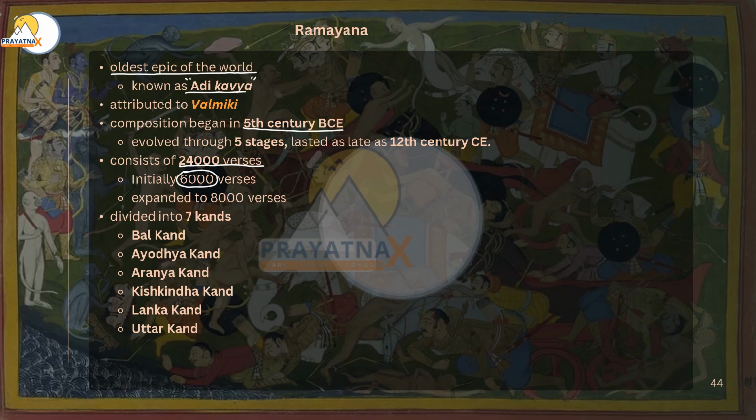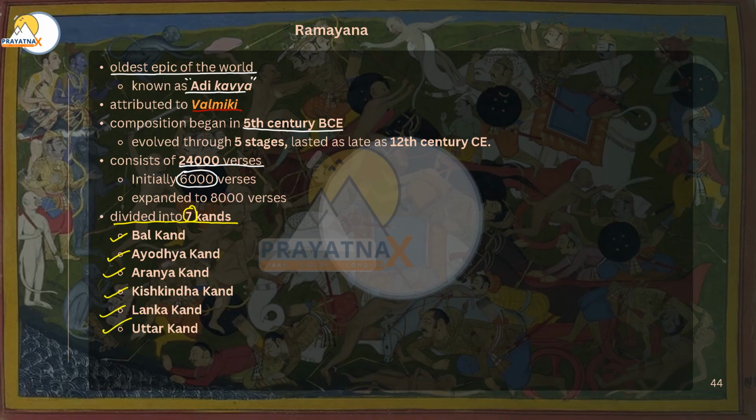It was composed by Valmiki, and Ramayana has about 7 kands. The 24,000 verses are divided into 7 kands as Balkand, Ayodhya Kand, Aranyakand, Kishkindakand, Lankakand, and Uttarakand.